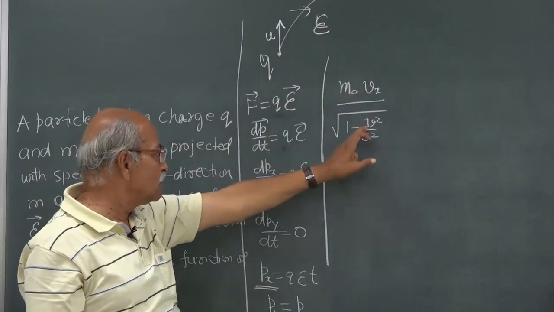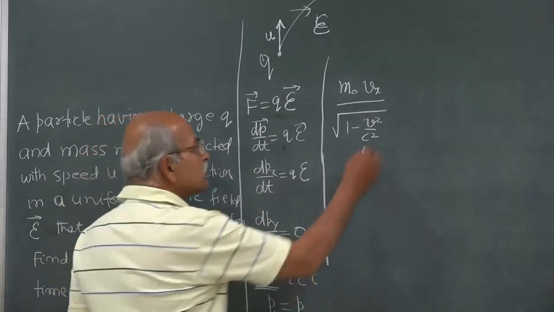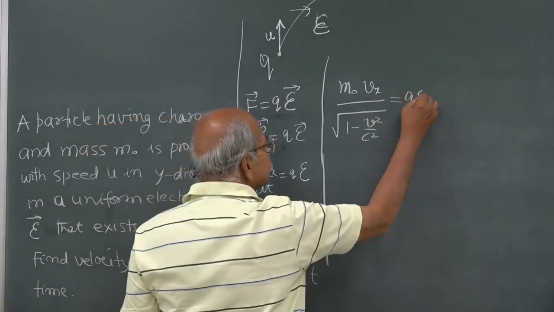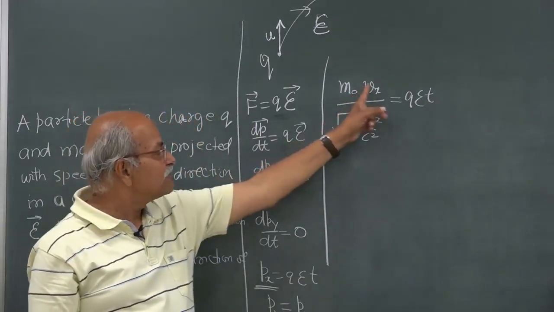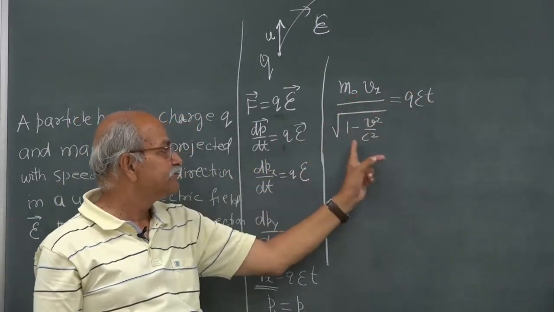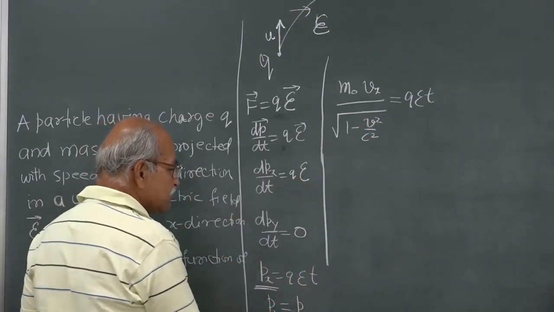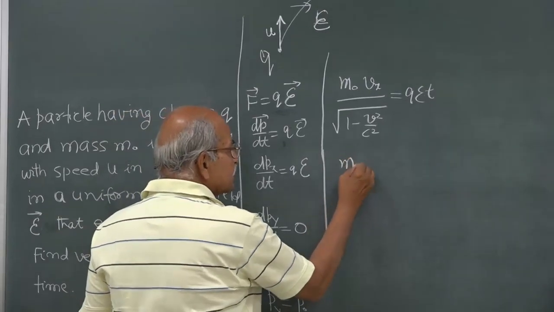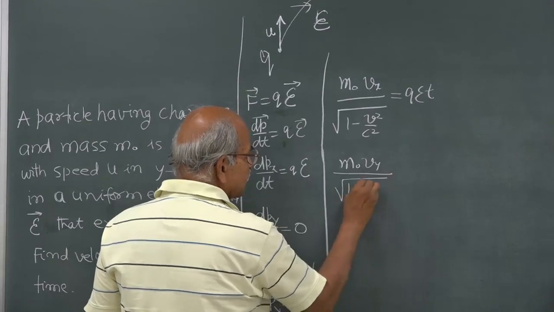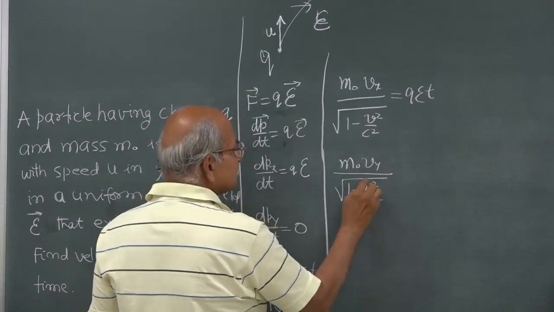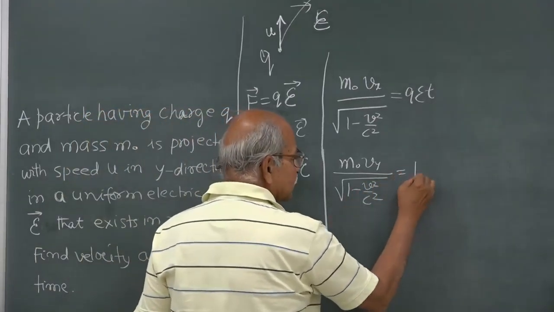So, that gets involved here. This is Vx square plus Vy square, and that is equal to qEt. Getting Vx as a function of time is not trivial, because Vy is involved here. Similarly, py is m naught Vy divided by square root of 1 minus v square by c square, and that is equal to p naught, constant.